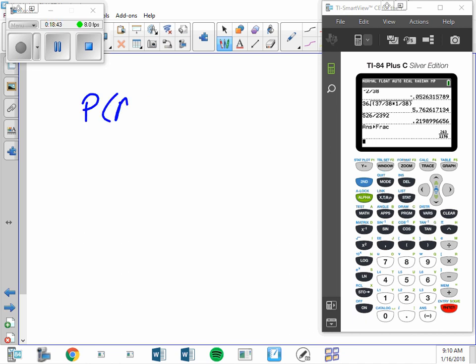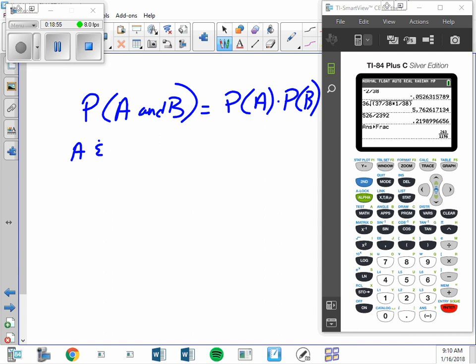But this only works if A and B are independent. If they're not independent, then it falls apart.